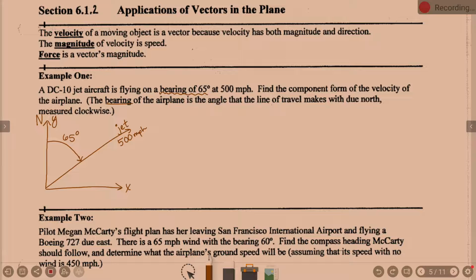In terms of vector terminology, our magnitude is 500 miles per hour, and that's because magnitude of velocity is speed.